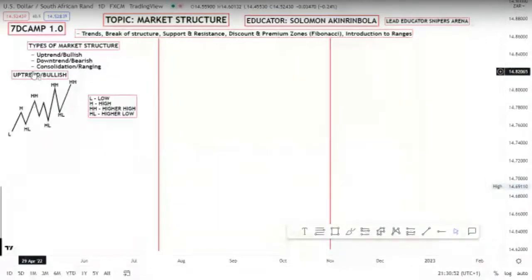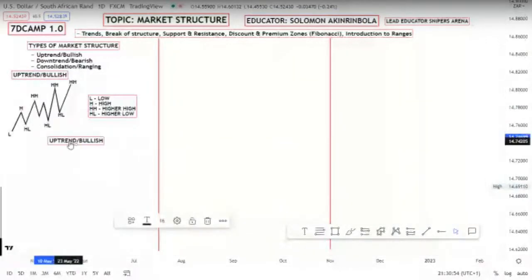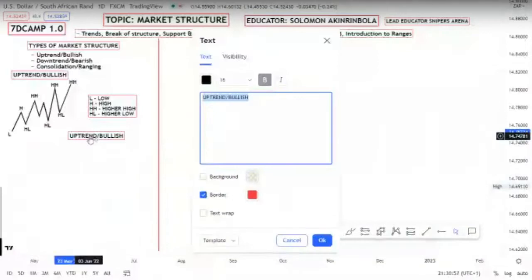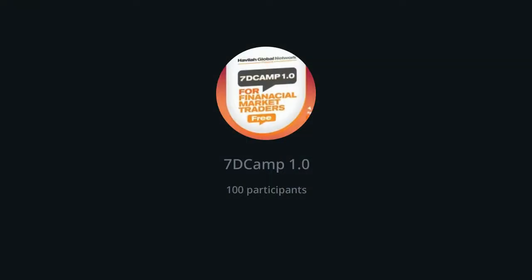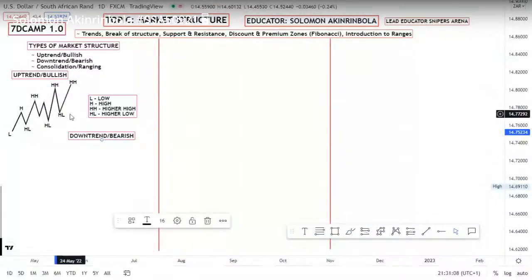Now, downtrend. I'm going downtrend. All right, downtrend slash bearish markets. All right, good.